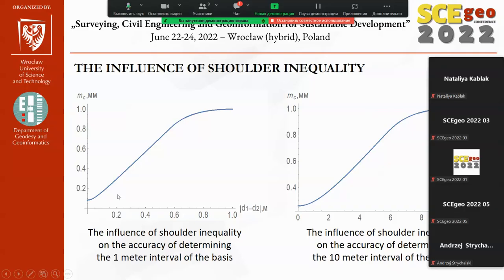You can see that difference when we measure 1 meter, we must 10 centimeter. Yes, you can see it here. For measure 10 meters, you can 1 meter.